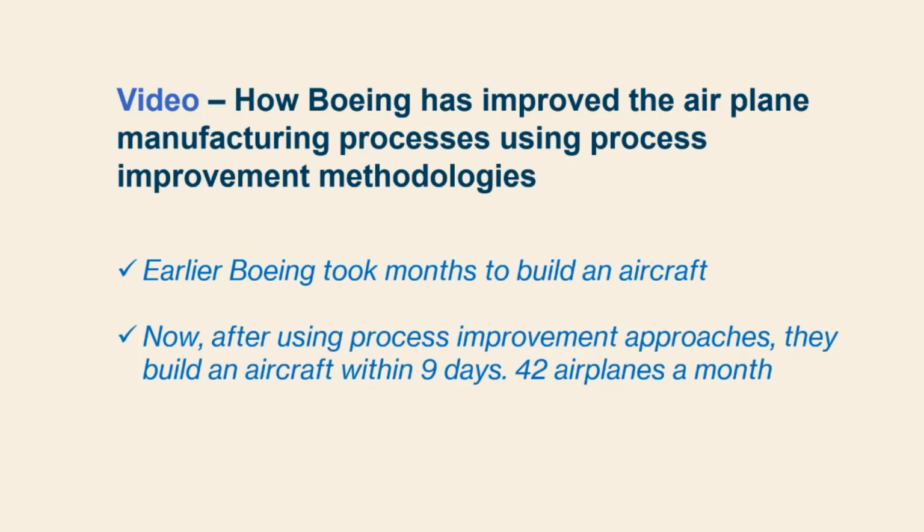You can see how much improvement they have gained using these process improvement methodologies. And this is one of my experiences. I have been to one of the Boeing manufacturing plants in Washington, United States, and I will show you that after the video. So we'll just look at the video first.